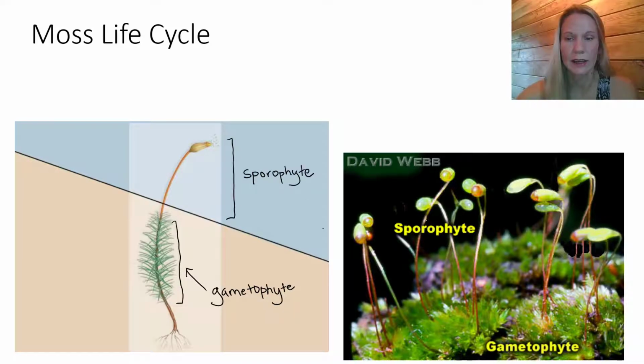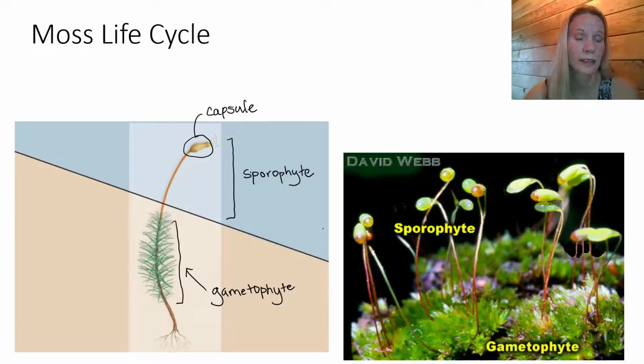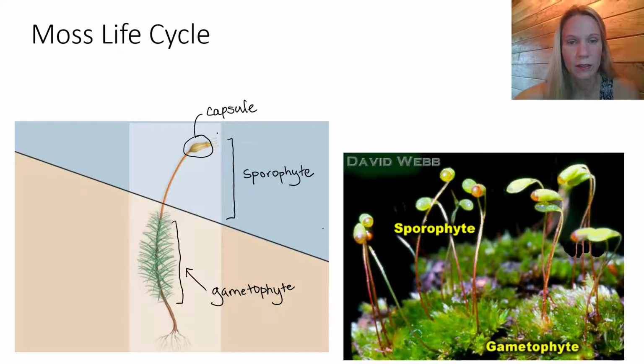So here you could see how that actually looks. So there are these little sprouts that are coming out of the gametophyte with these little pods on the ends. And these little pods, we call it the capsule. It's part of the sporophyte. And then we see these little dots that are coming out of the capsule.